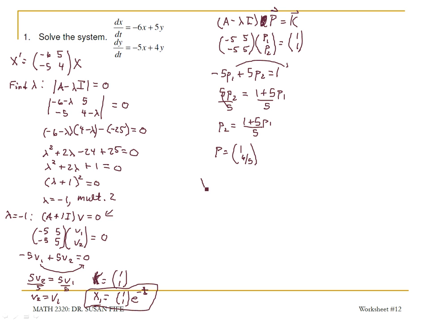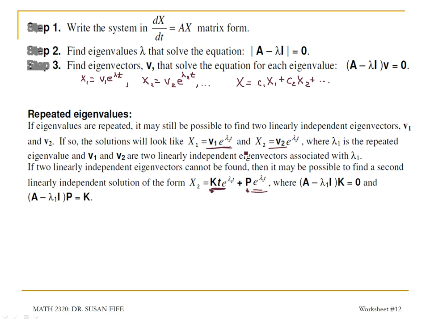So our second solution is going to be, let me look back to see the form that I need to have it in. It's going to be k, the original vector that we came up with from the first solution, you multiply by t. So you've got the previous solution just multiplied by t, and then you have p times that exponential.